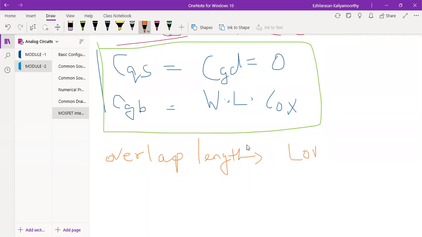So now we have to calculate the overlap capacitance. What will be the overlap capacitance? That is COV, the overlap capacitance, will be W, and the L will be replaced by LOV, so LOV into COX.